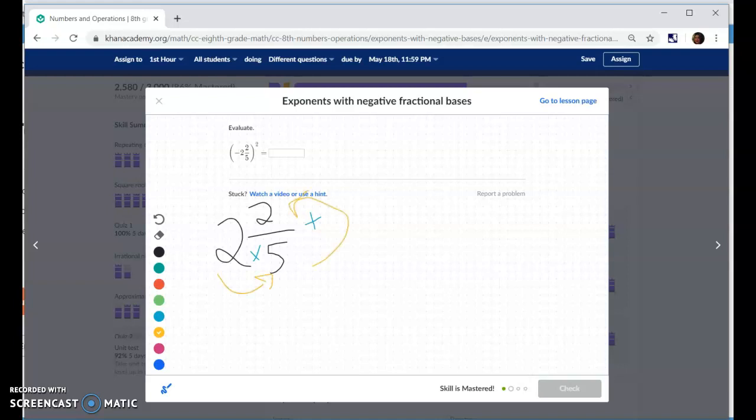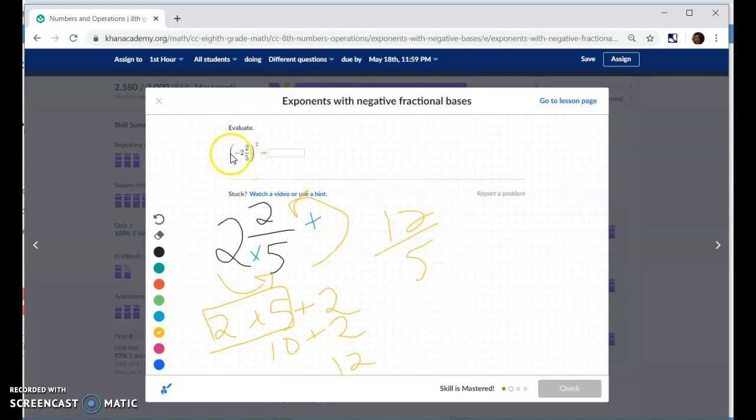So that would be 2 times 5 plus 2. You have to do your multiplication first. So that would be 10, plus 2 equals 12. So 12 over 5 would give us this fraction.